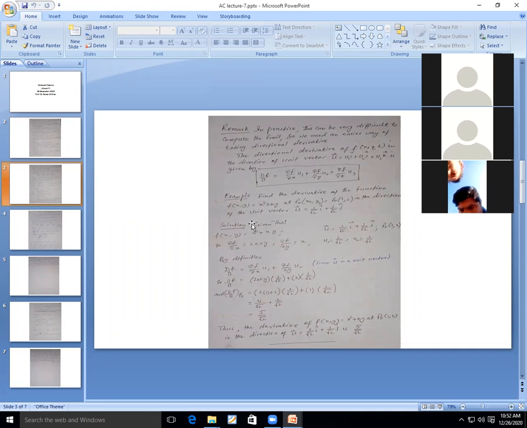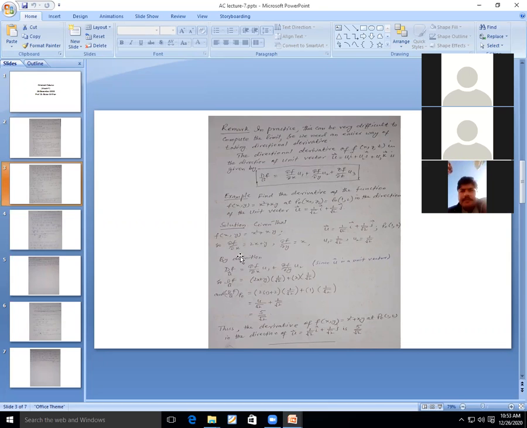In partial differentiation, if you are differentiating the function f with respect to x, you keep y as constant. And if you want to differentiate the function f with respect to y, in that case, you keep x as constant. Now, here your function f(x,y) is equal to x square plus xy.